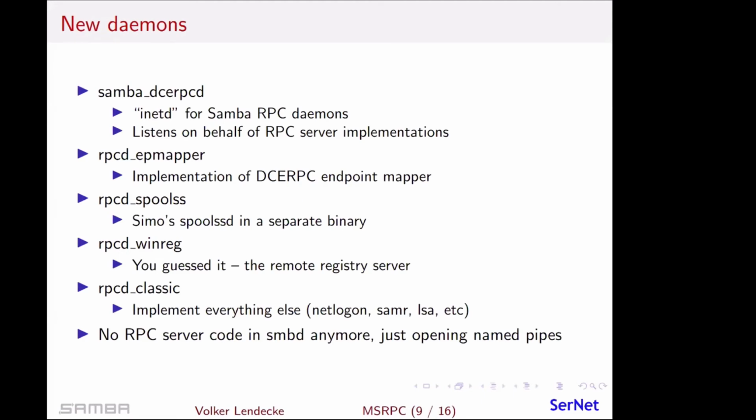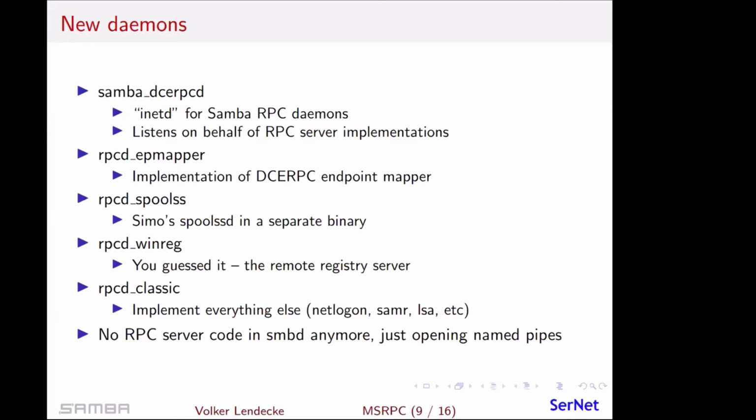Okay. We have seen a few processes here. The first one is what I called, and this is really not finalized, I mean, I discussed this with Metze and Ralph, this is what I call Samba RPCD. This is essentially the inetd daemon or system daemon or whatever for the Samba RPC daemons implementing the actual services.